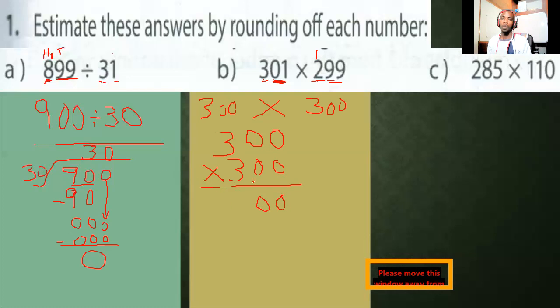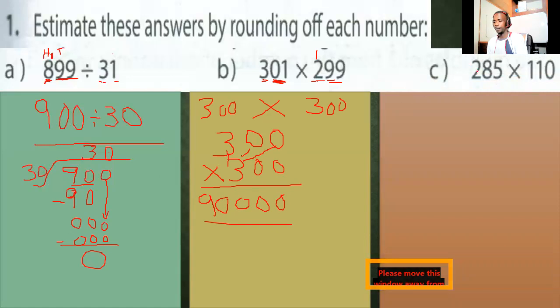Now, 3 times 0, it's 0. Then 3 times 0, it's 0. Then 3 times 3, it's 9. So our answer is 90,000. Good.